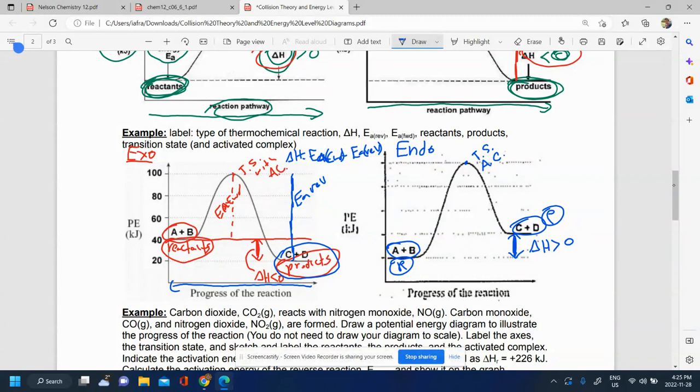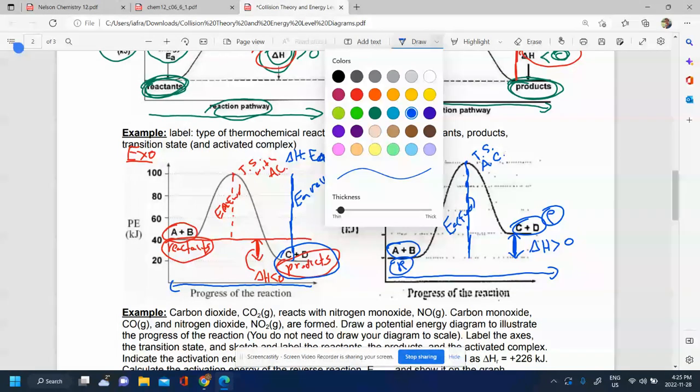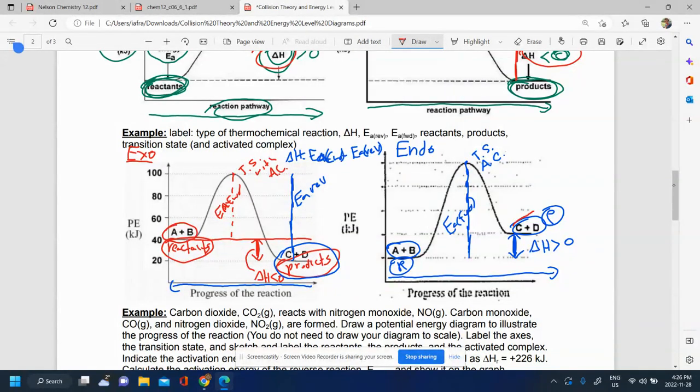The EA forward, going from left to right, is the reactant up to the highest point. So this is the EA forward. And if I want to find my EA reverse, going from essentially right to left, I'm doing what were the products, my new reactants, up until the highest point.